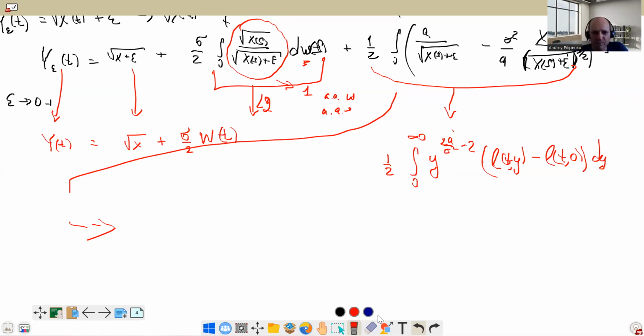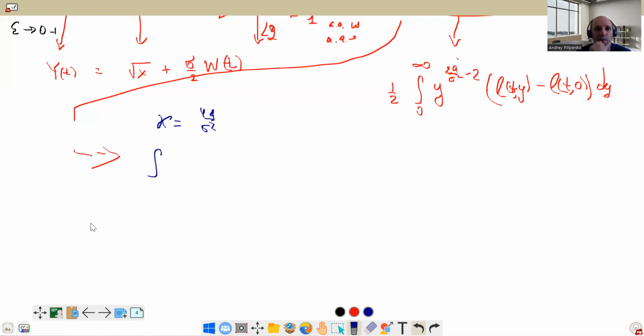So after all transformations, you see that, okay, consider the first integral and let kappa be 4a over sigma squared. Let me make some transformation at first, and then you will see.